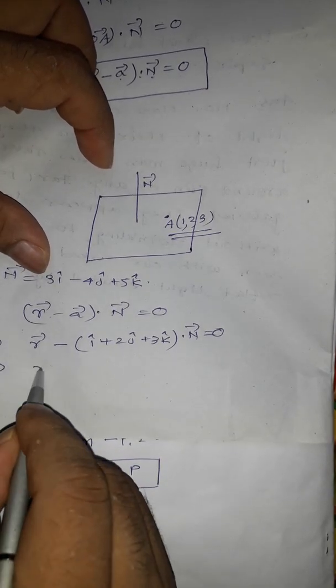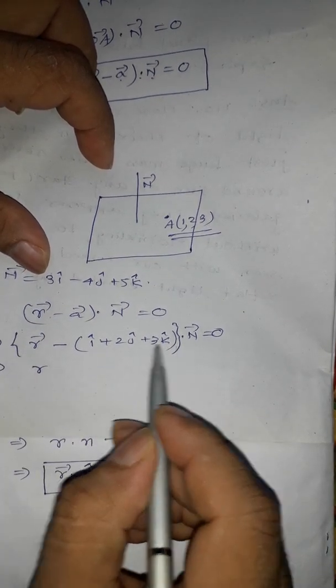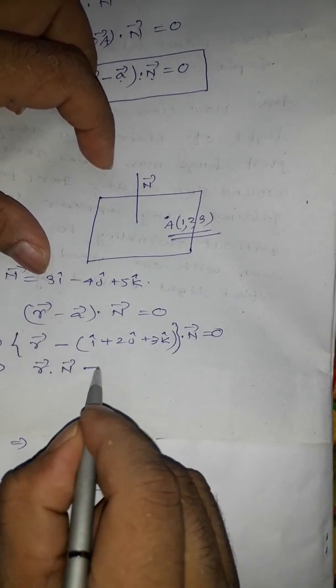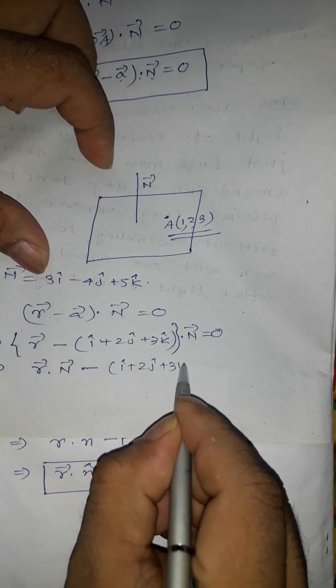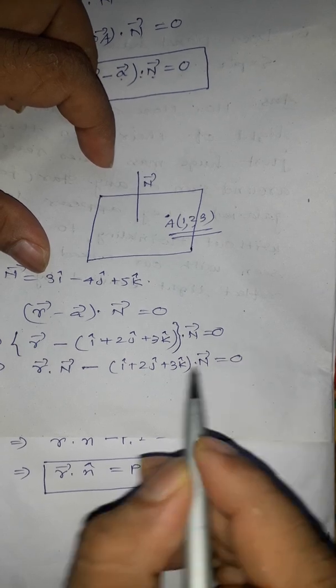So this implies r dot n minus (i plus 2j plus 3k) dot n is equal to 0.